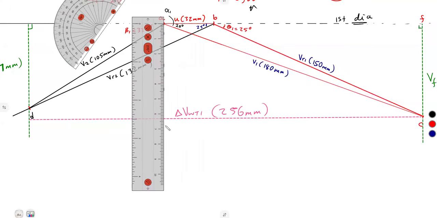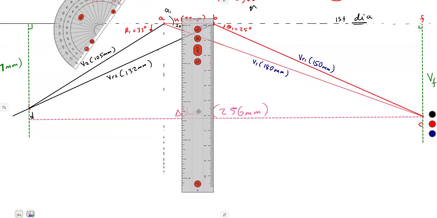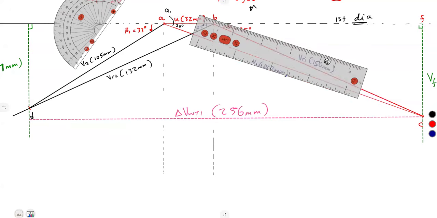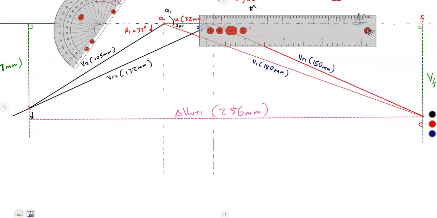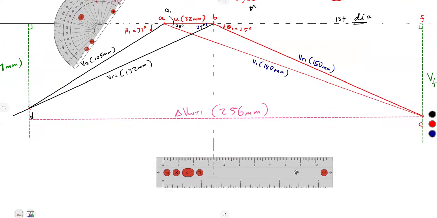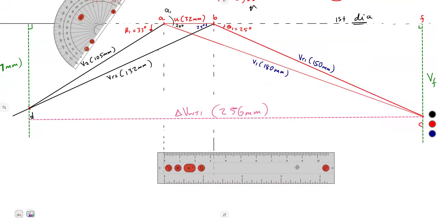And from B again, at 90 degrees. So that's it. Let's have our horizontal line to represent AB just like before.